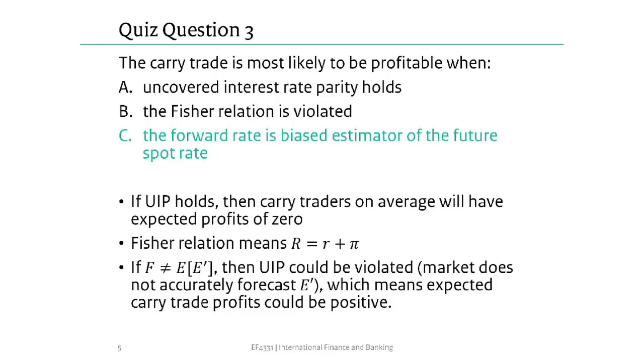But if F is not accurate, if it's not a good measure of the future expected spot rate, then of course UIP will be violated. You just can't see it. And carry traders obviously could theoretically make positive expected profits.